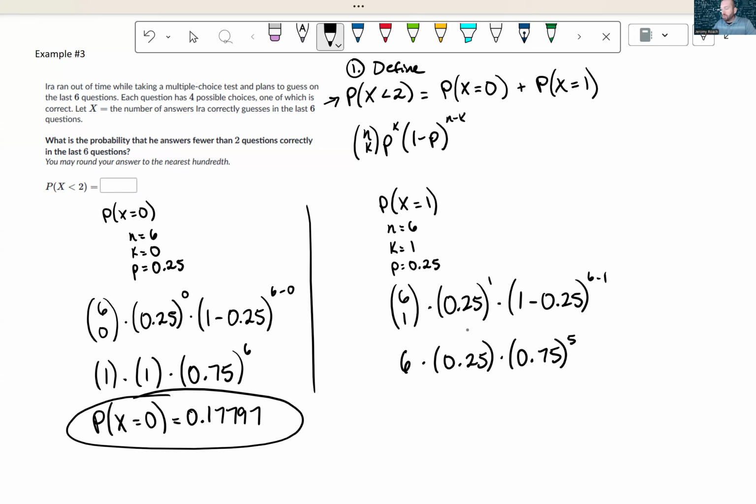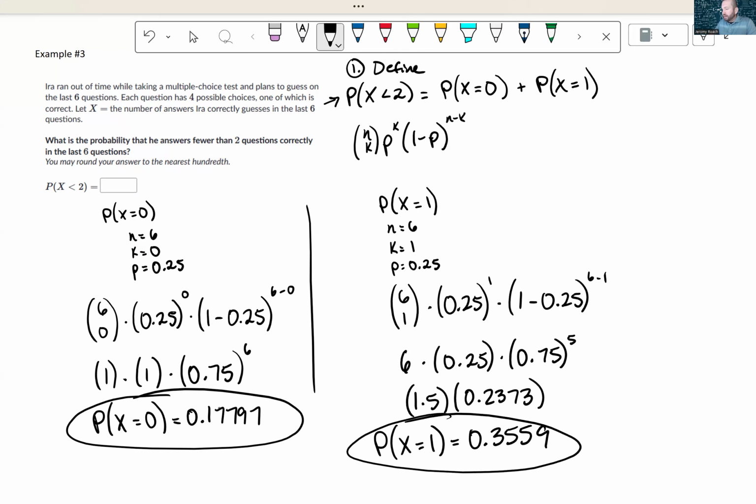This becomes 6 times 0.25, which is 1.5, times about 0.2373. Multiplying that by 1.5, the probability of answering one question correctly is 0.3559.